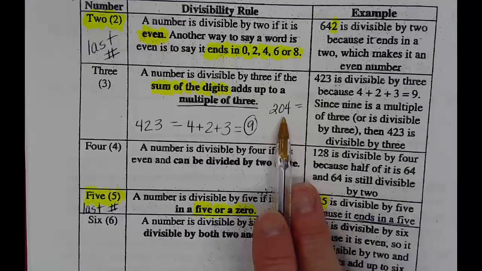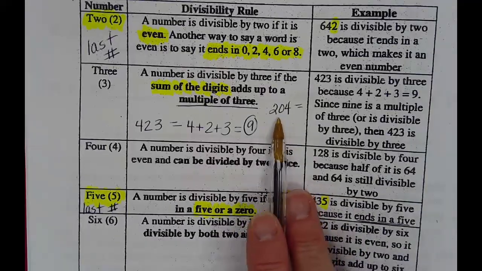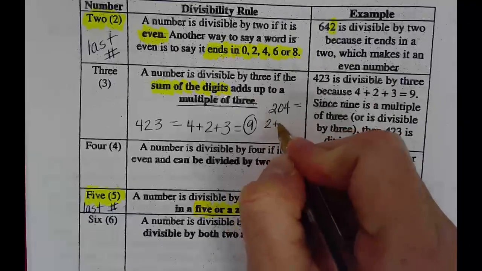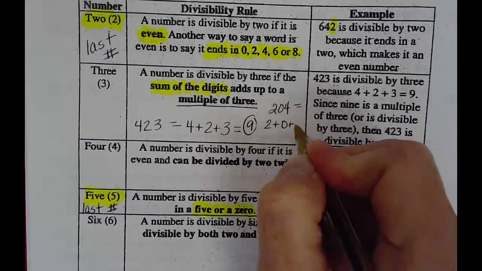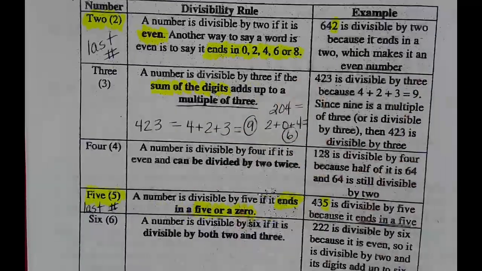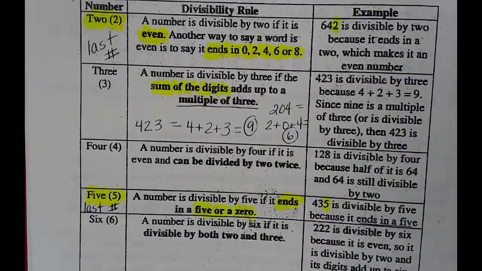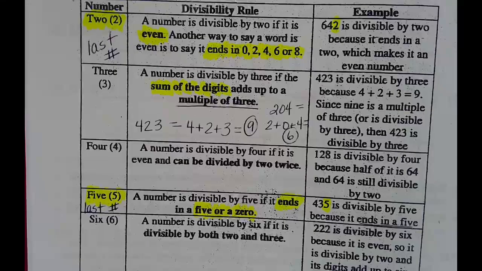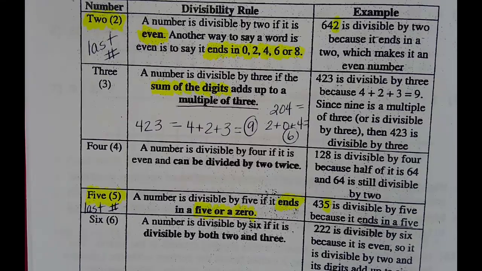But what's the sum of my digits? What am I going to add together? 2 plus 0 plus 4. What does that equal? Is 6 a multiple of 3? That means 3 will go into 204 evenly. And I don't have to work it out to know that. I have that ability to do a shortcut for that.